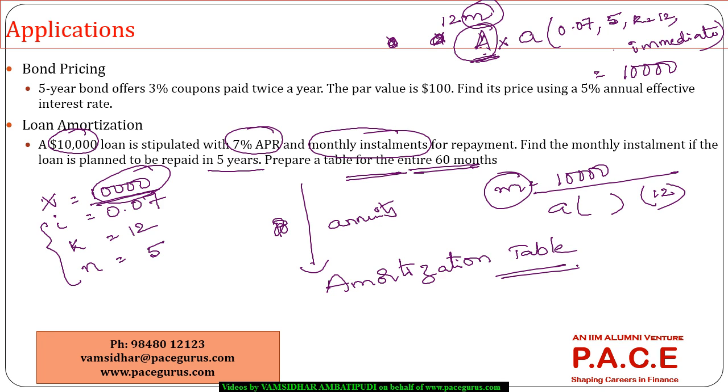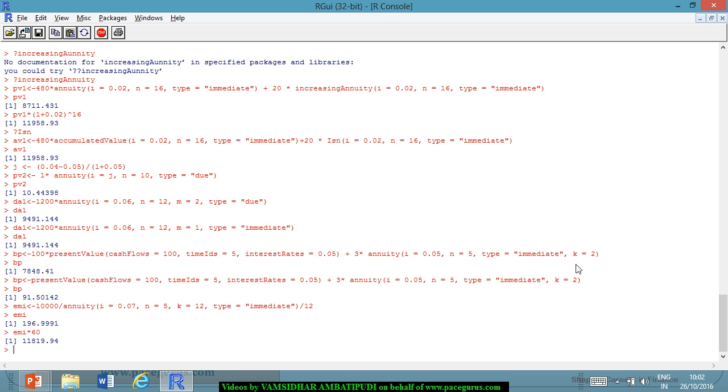So let's take the table. Initially, let me initialize a few variables. First let me take the ending balance as a numeric variable with 60 placeholders.